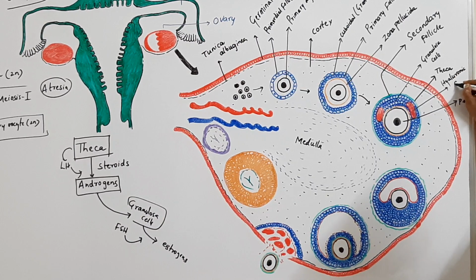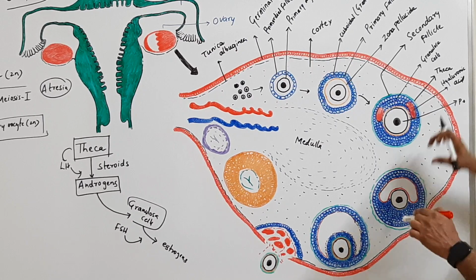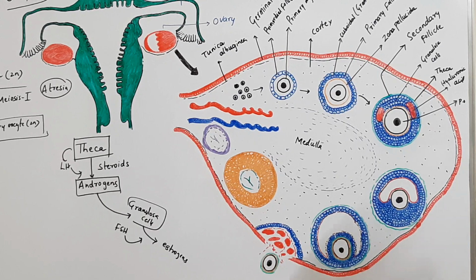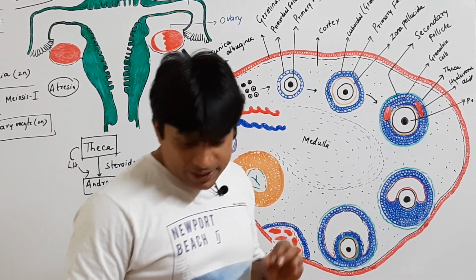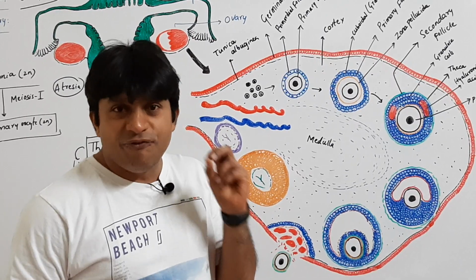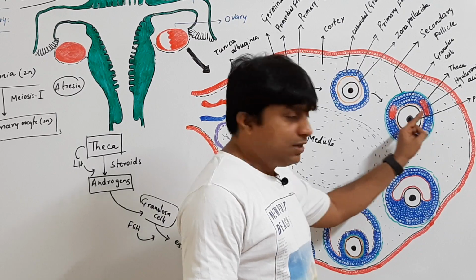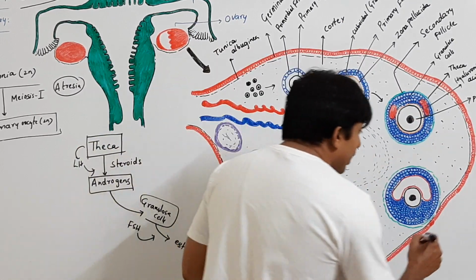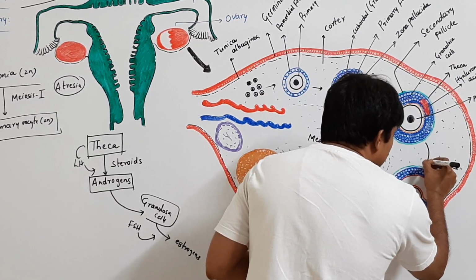The granulosa cells keep moving and develop pockets, and these pockets are loaded with hyaluronic acid. Fine. So this is your secondary follicle. What is a secondary follicle? A secondary follicle is identified with theca, which secretes estrogens. Now the estrogen levels will keep increasing and the granulosa cells will start dividing more rapidly.